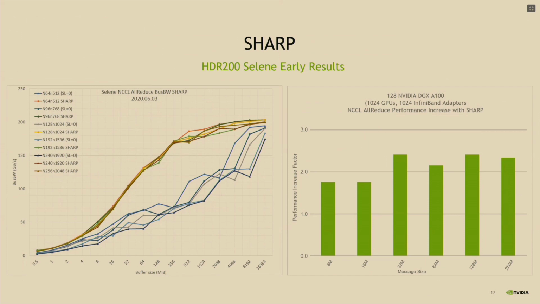Some initial results on Sharp and why it matters so much for deep learning applications. The most common reduction sizes that we see are 8 meg reductions for more convolutional neural networks, and then very large reductions, 128, 256 meg reductions, for the big things. The sweet spot means that when we turn on Sharp, we get an effective bandwidth amplification of 2x.